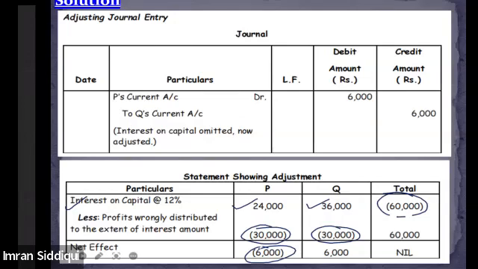That means we provided him 6,000 less than what he should have got. So therefore 6,000 further will be added to his account, and whenever you transfer any amount to someone's account, that person's account needs to be credited. So the journal entry for this will be P's capital account or P's current account debit by 6,000 to Q's current account 6,000.